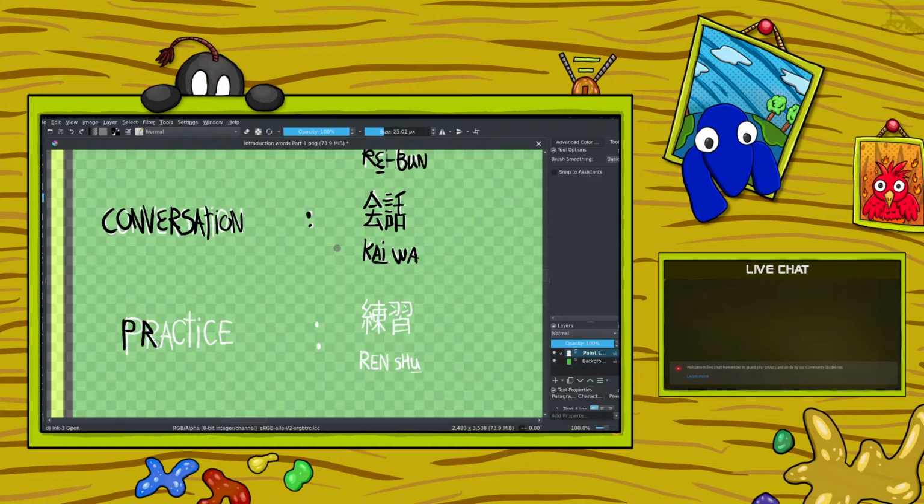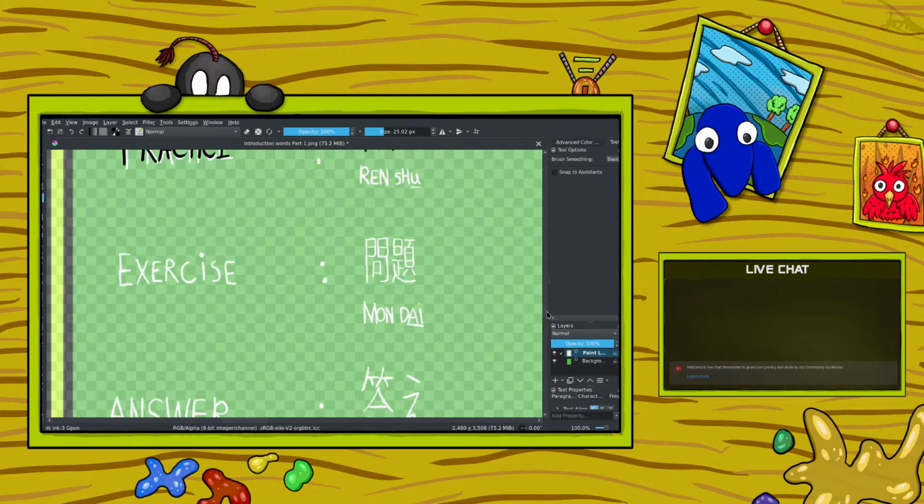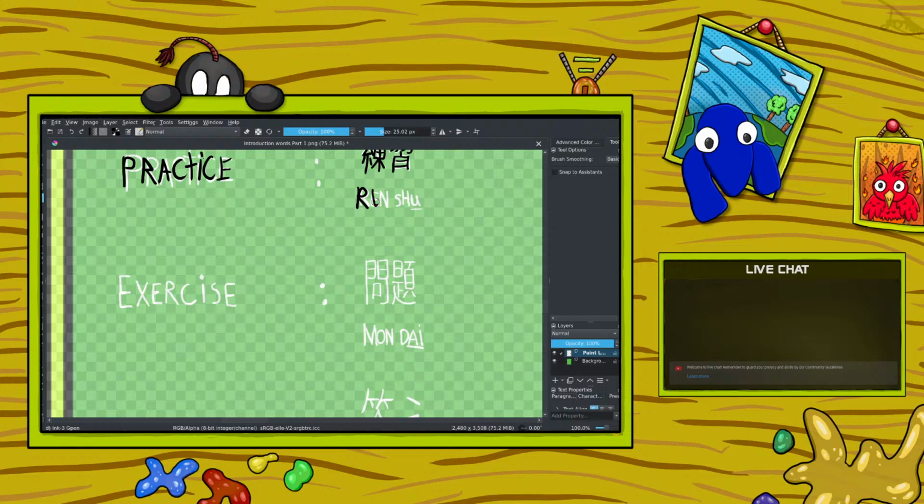Practice. Which is of course renshu. Shu.